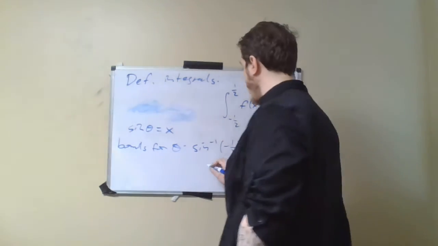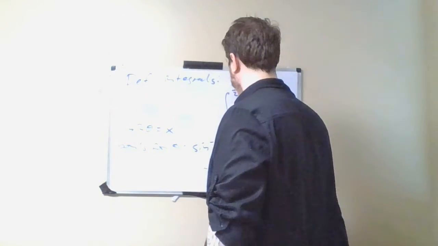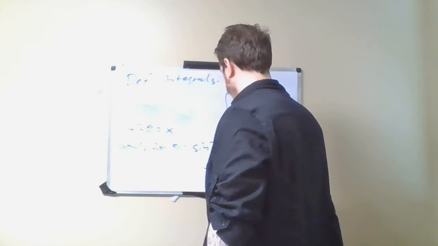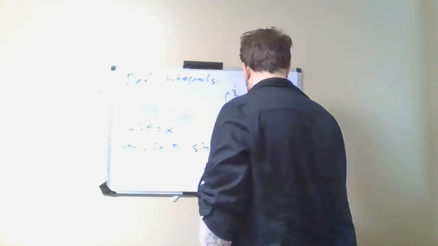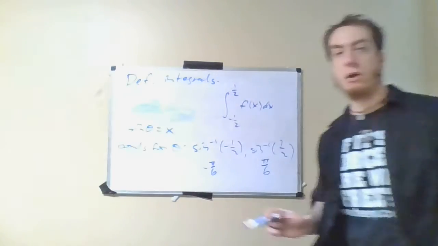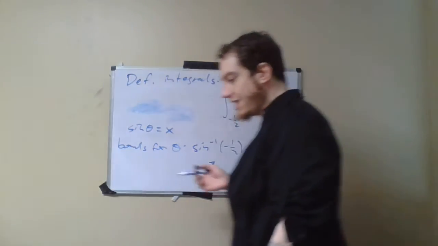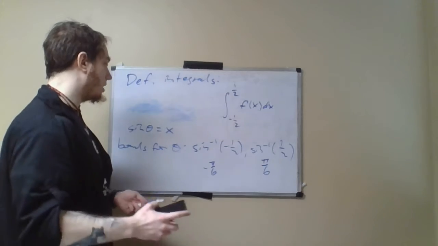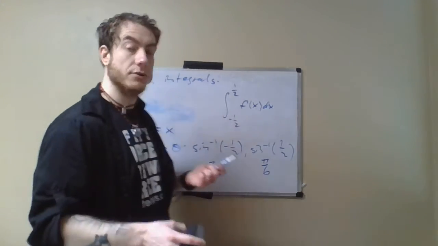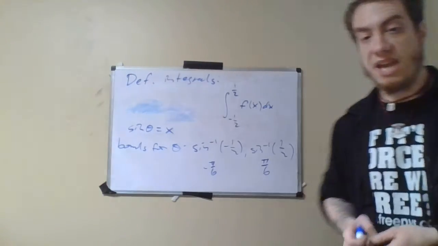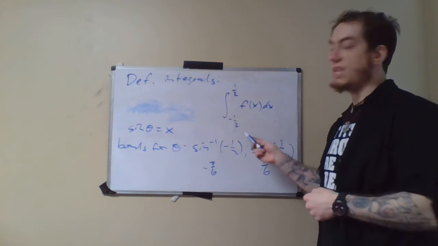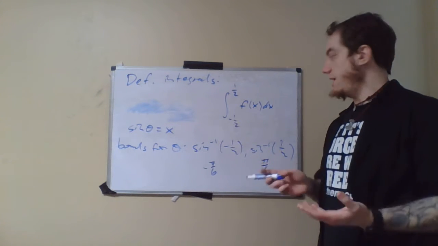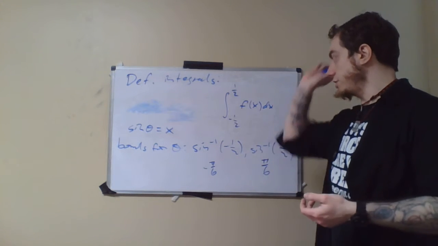This is going to run from negative, let's see, sine is at pi over 6, so this is negative pi over 6 up to positive pi over 6. And we can do exactly the same kinds of things with the other trig functions as well. So the thing you got to remember there is just how do you do the inverse trig functions and things like that.